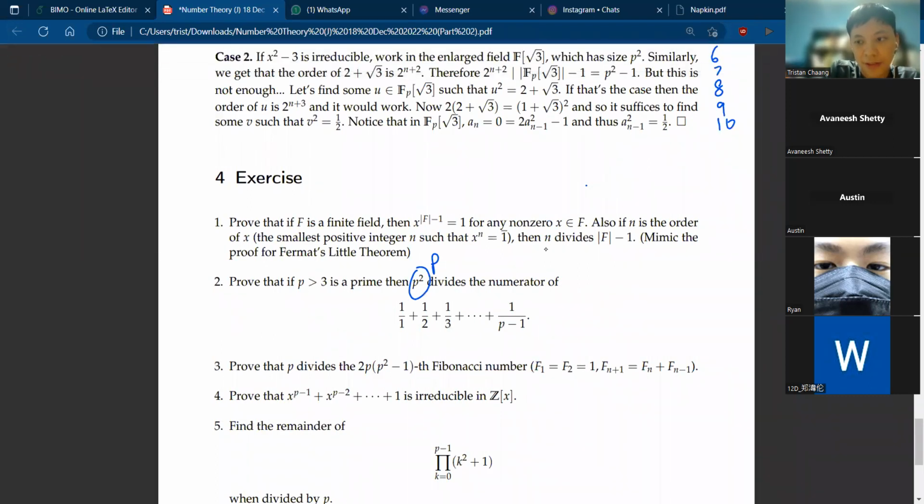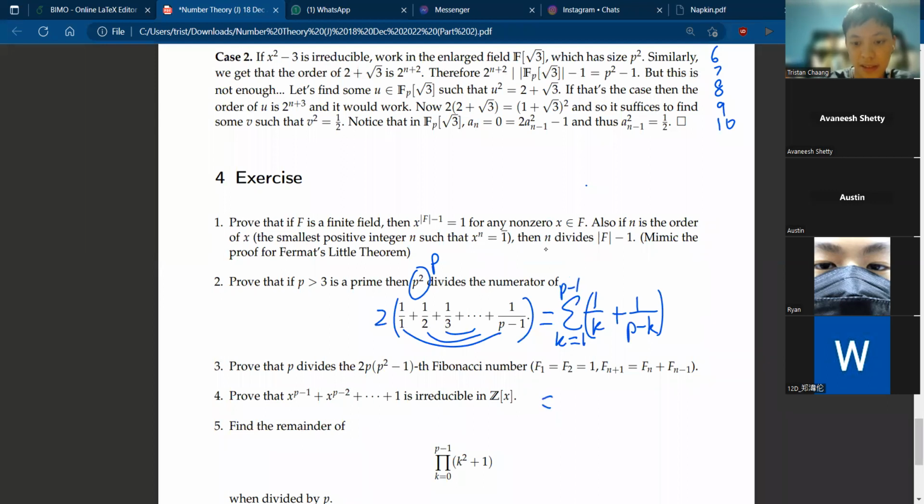So the trick is we're going to do some Gaussian pairing. Again, we match these two like that. So let's multiply by 2. So this is the sum of 1 over k plus 1 over p minus k, for k equals 1 to p minus 1.